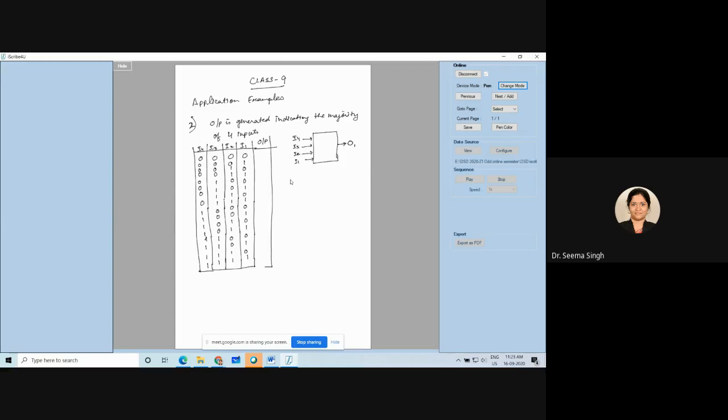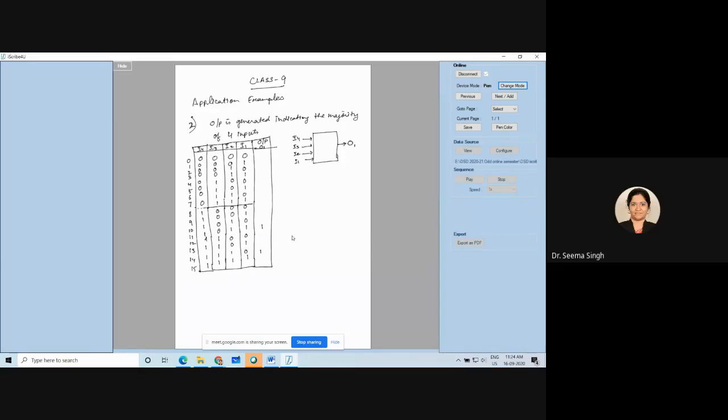Now you should tell me for which rows I have to make my output O1 high. 12, ma'am? 12 is 1100, so only 2 bits are high. 11 should be high. 14 also, ma'am, 14 should be high.